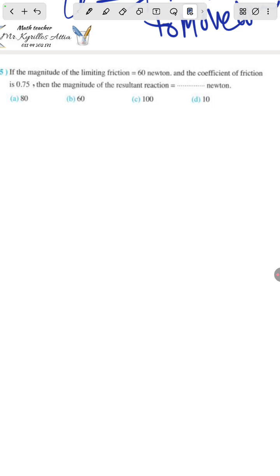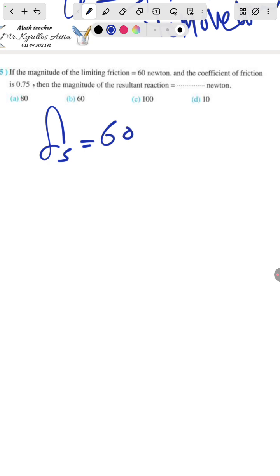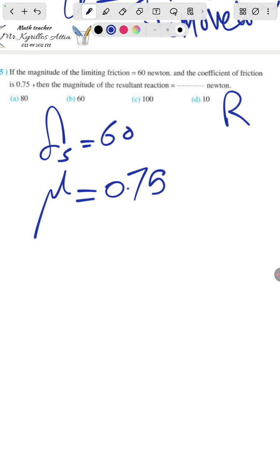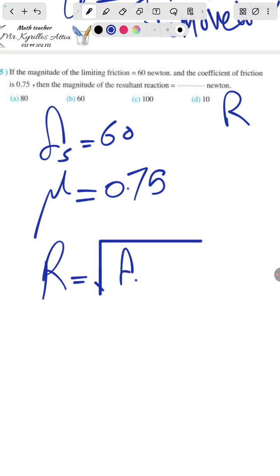I have the magnitude of limiting friction 60, so Fs equals 60, and the coefficient of friction, mu equals 0.75. We need the magnitude of resultant reaction, we need R. Okay, R equals root Fs power 2 plus N power 2.